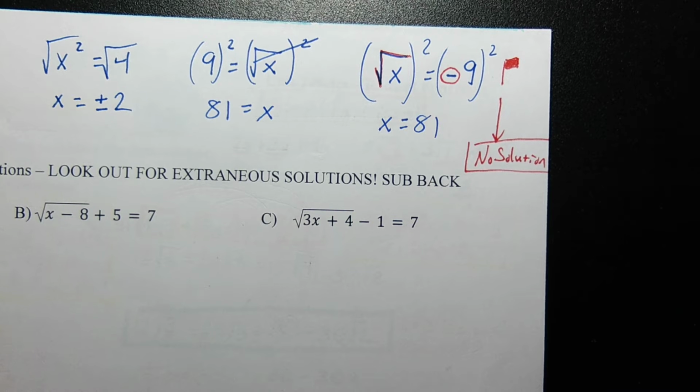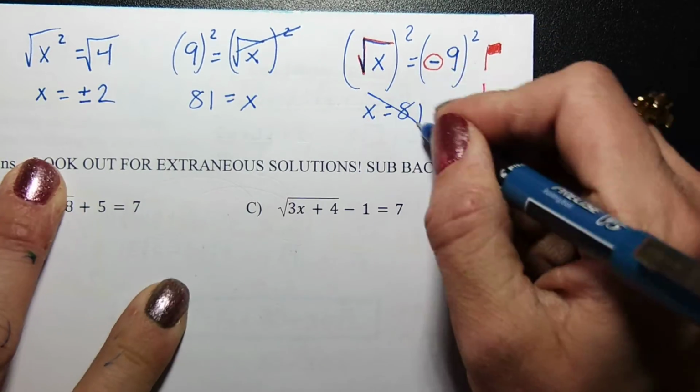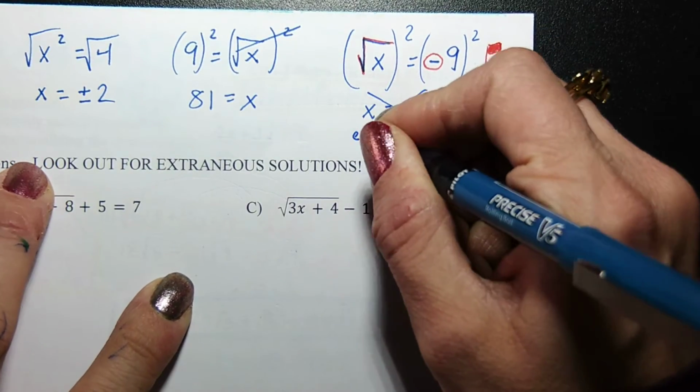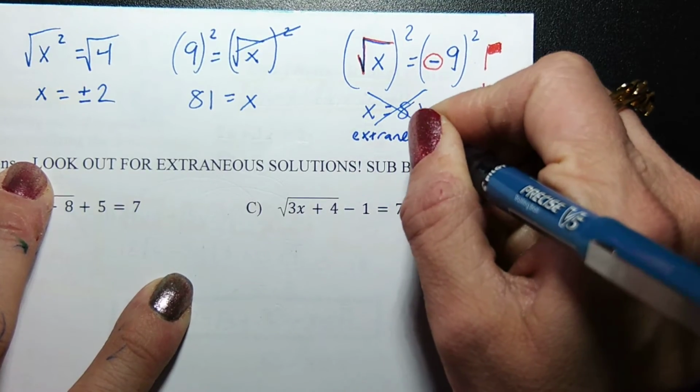What do we call an answer that we can solve for algebraically, but that it straight up doesn't work when we plug it back in? Starts with an E from last unit. Extraneous solution. So 81 here would be an extraneous solution because it doesn't actually work when you plug it back in.